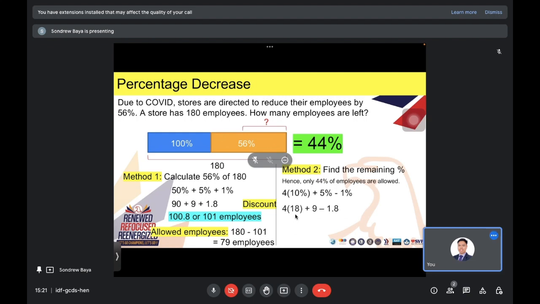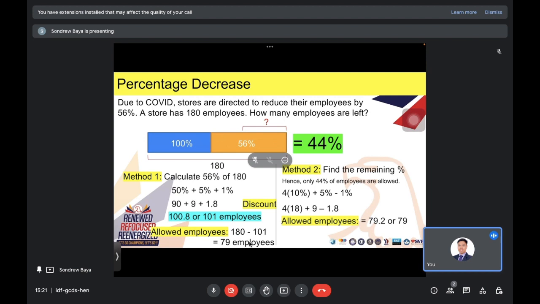So take note that 10% is 18, 5% is half of 18, which is 9, and 1% is 1.8. If you simplify, this gives us 79.2. We cannot have a 0.2, so round it down, and this is now 79. Therefore, the allowed number of employees is only 79.